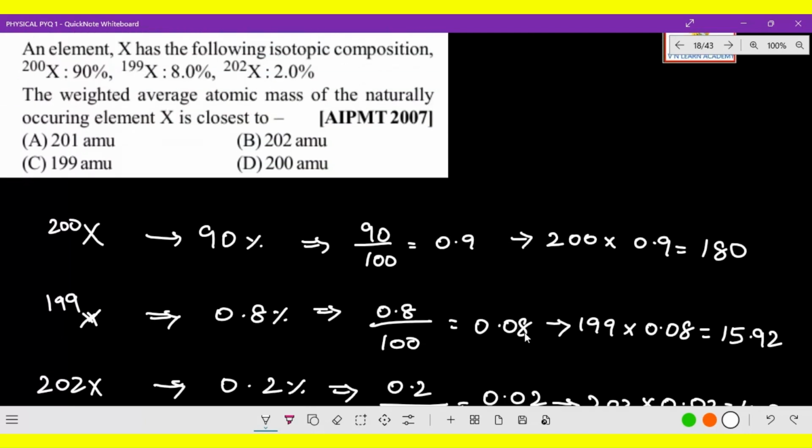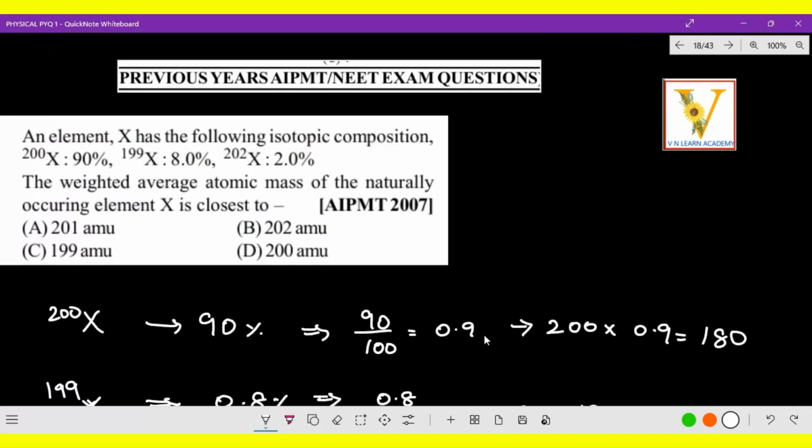Which is the correct option? Option D, it's blinking here. So 200 AMU is the correct option. Before finding the option, you should know how to solve the problem. Come on, let's go to the next question.